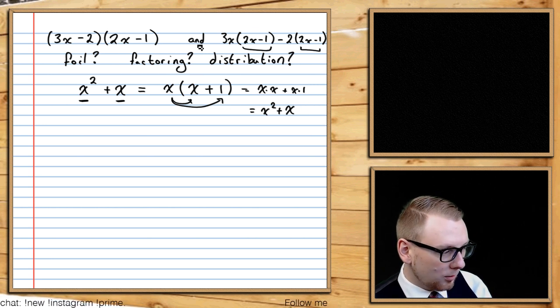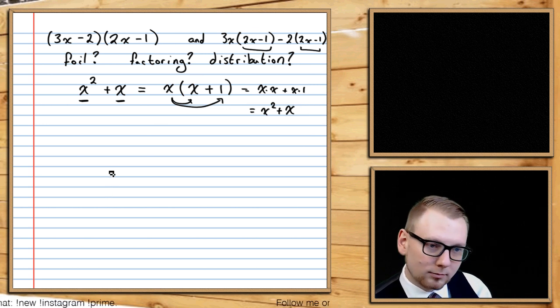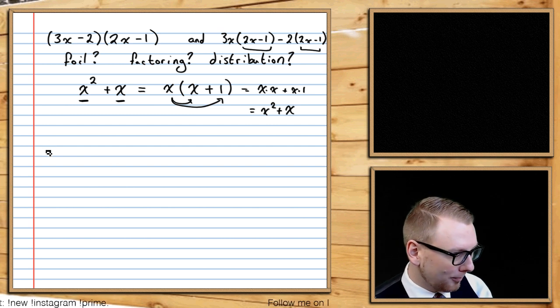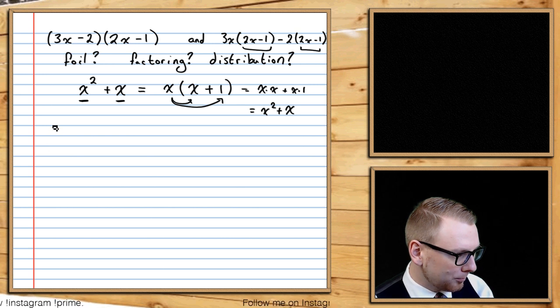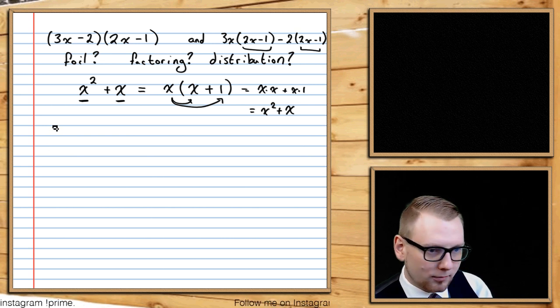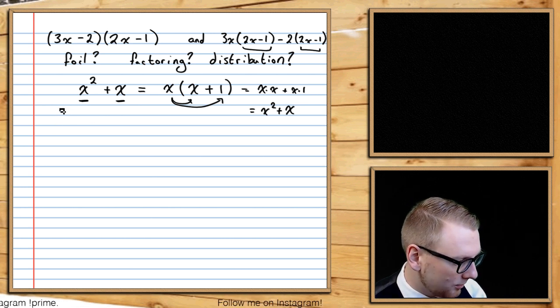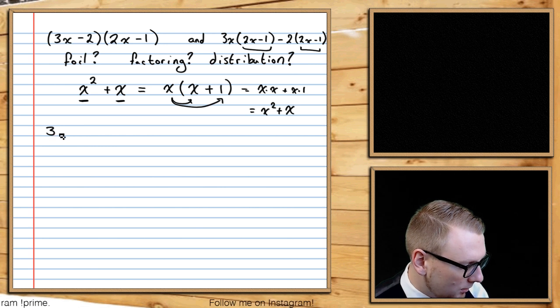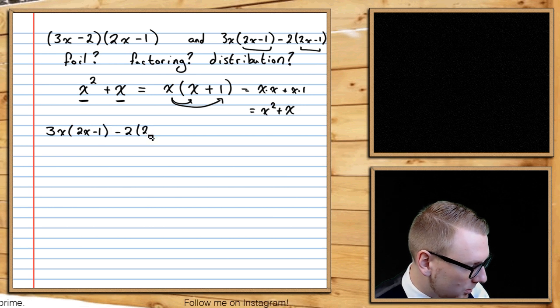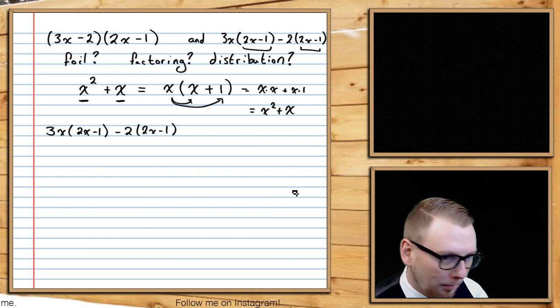We can do the same thing with both of these. So let's do the second one first, just so you can see how it references with the factoring. 3x times 2x minus 1, minus 2 times 2x minus 1.